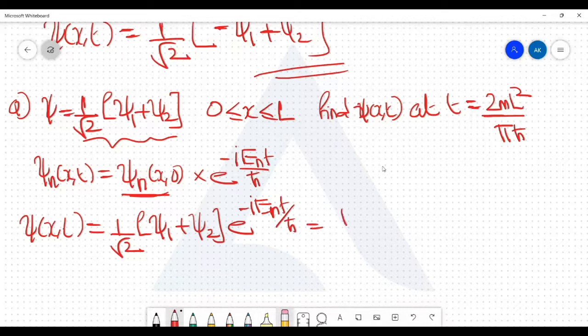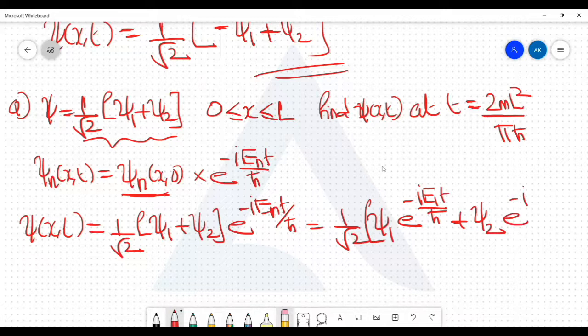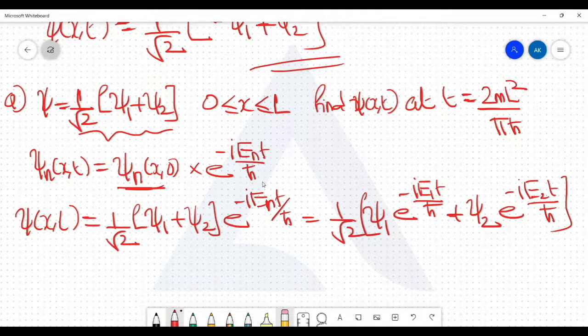This is nothing but 1 by root 2 psi 1 e raised to minus i E1 t by h cross plus psi 2 e raised to minus i E2 t by h cross. I told you you have to substitute separately.